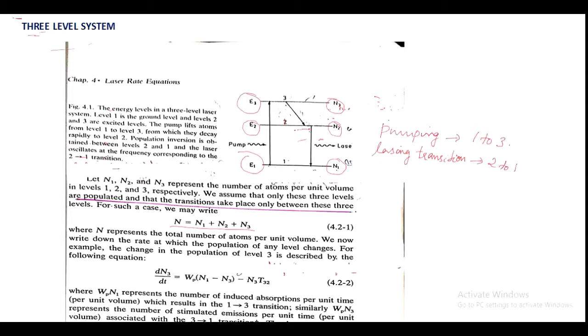through level 3. If the relaxation from level 3 to level 2 is very fast, then most of the atoms in level 3 will relax down to level 2 rather than to level 1.